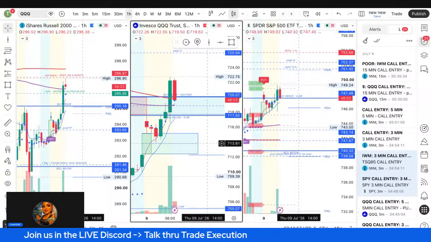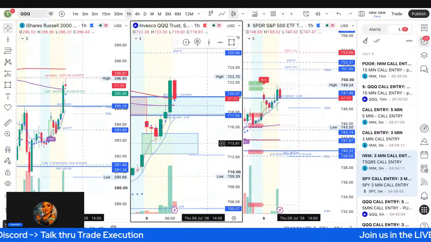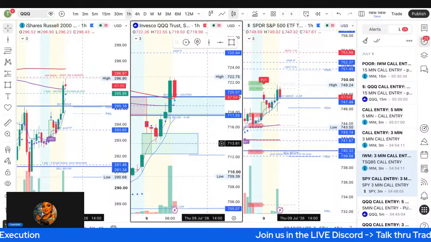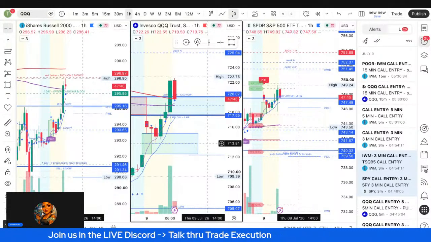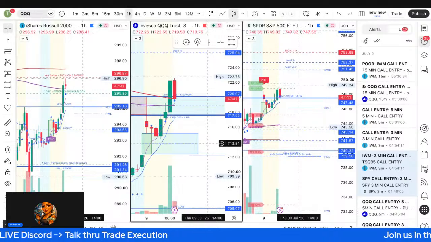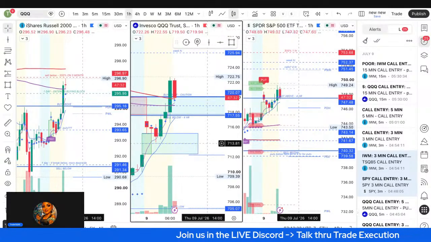Oh yeah, that was cool to see. Here we go. We have a lot of volume at 7:15 on QQQ. We have buyers stepping in off of VWAP.